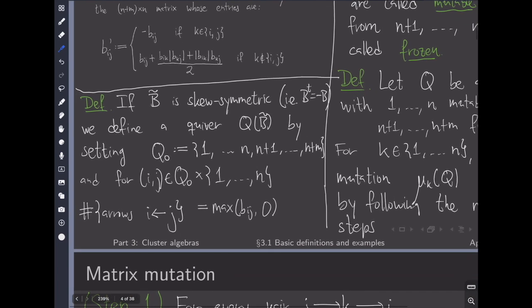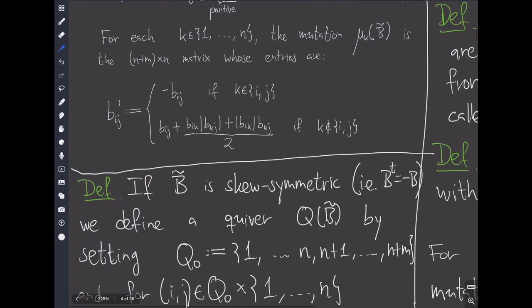And if you think a little bit about the other part, it is not hard to see that this corresponds to the creation of the composite arrows. And the final addition of this one with this one corresponds to deleting 2-cycles if there are any, which happens when these have opposite signs.